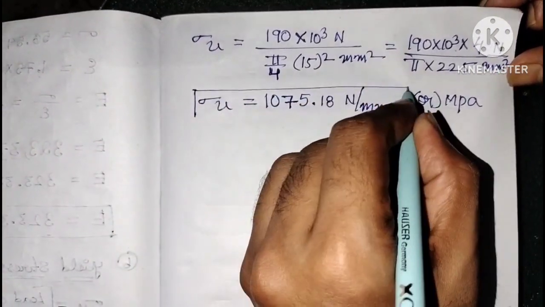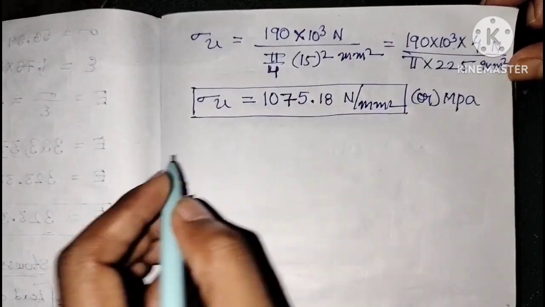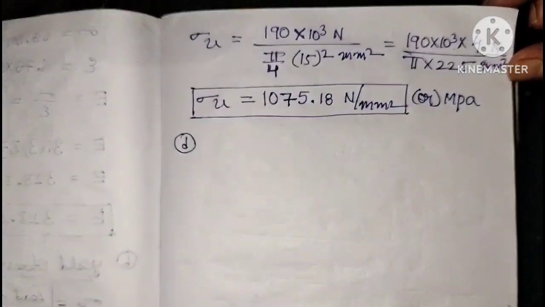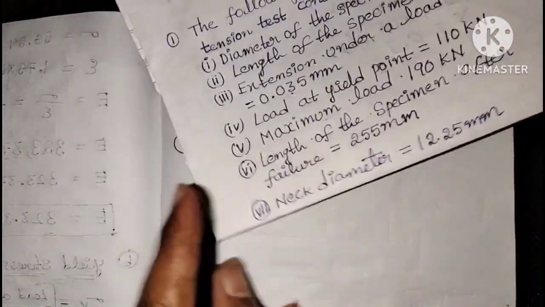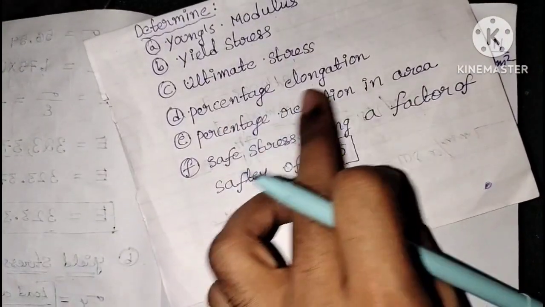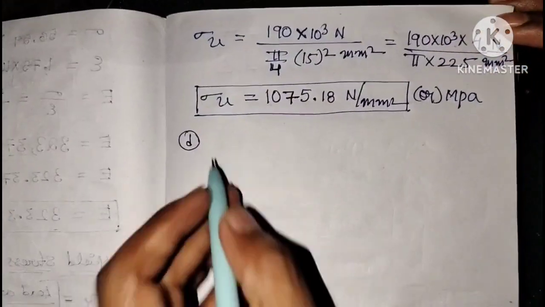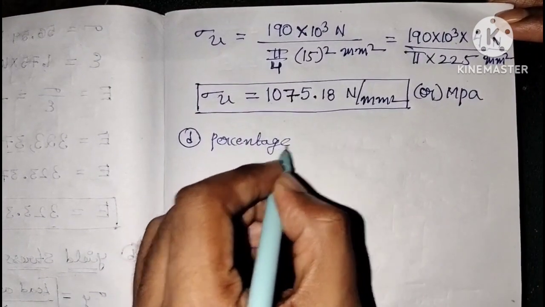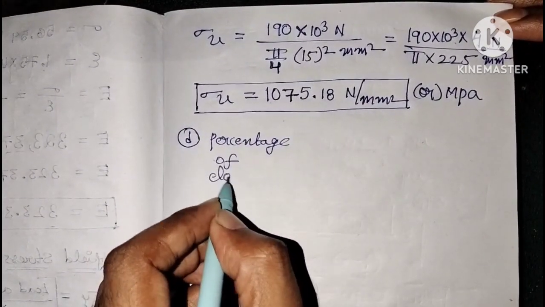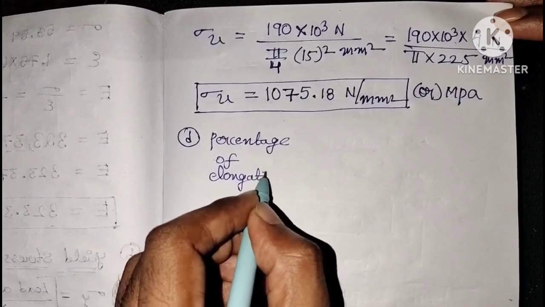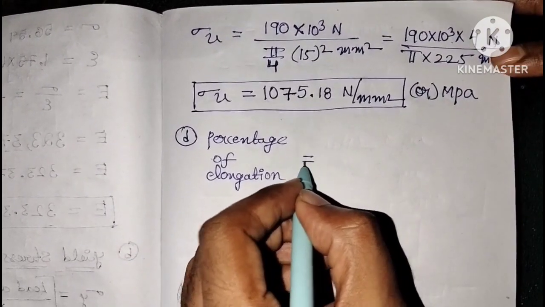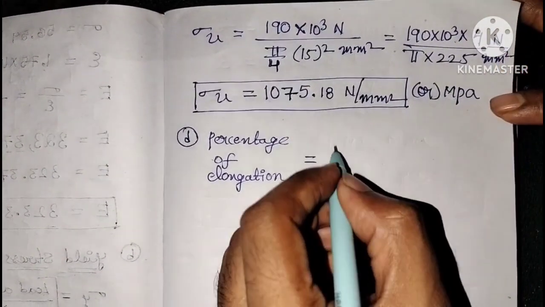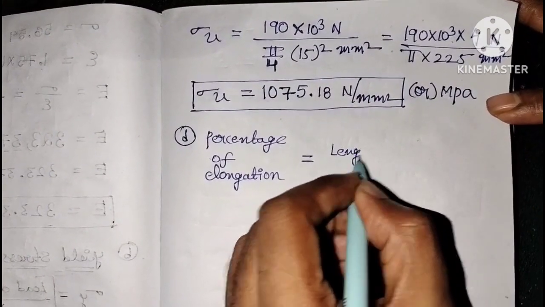So this is the ultimate stress value. Next, part D. Next, what do we need? Next we need to find the percentage of elongation. What is the formula for percentage of elongation? Percentage of elongation is equal to length after failure.